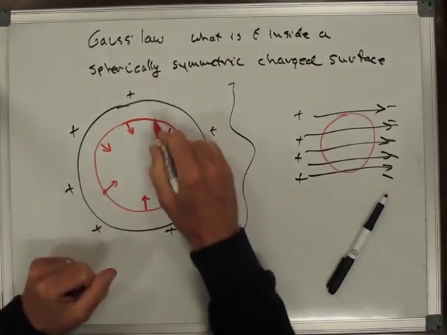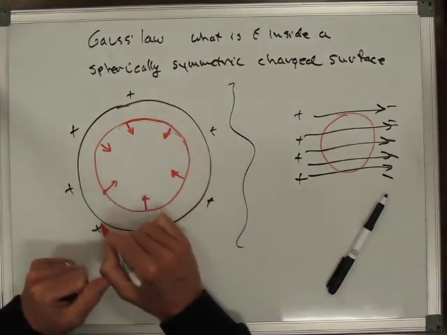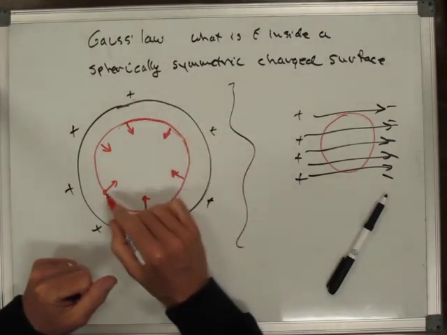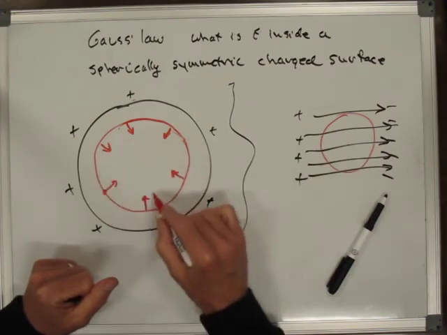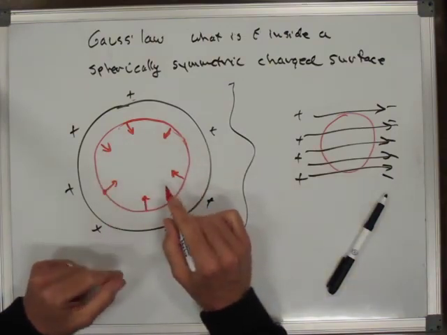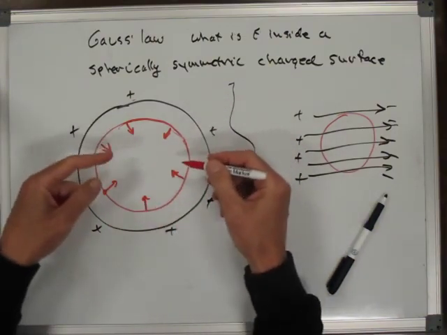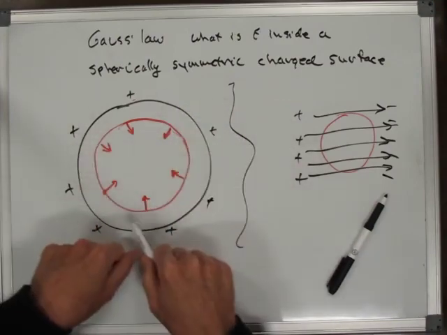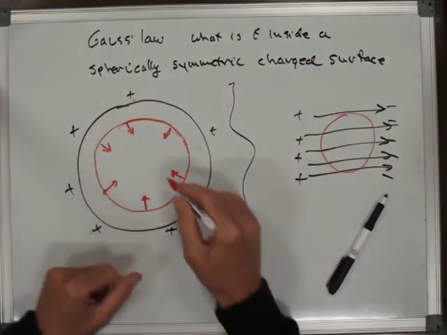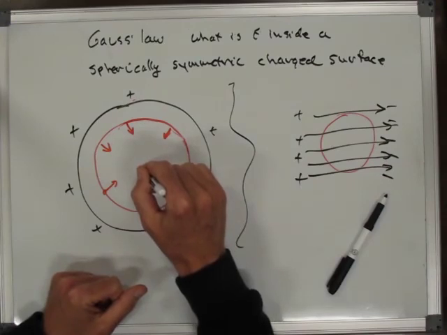And so if these charges are more influential than those, then the electric field points inward everywhere on the sphere. But that would mean there's a net flux into the sphere because it's not pointing out anywhere. And that's not possible unless there's a charge inside.